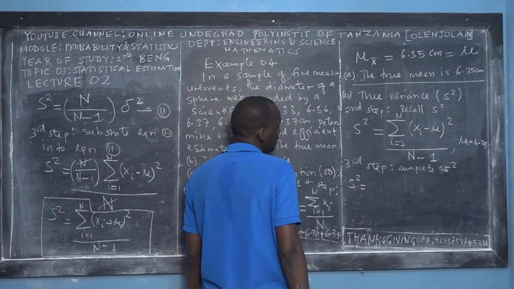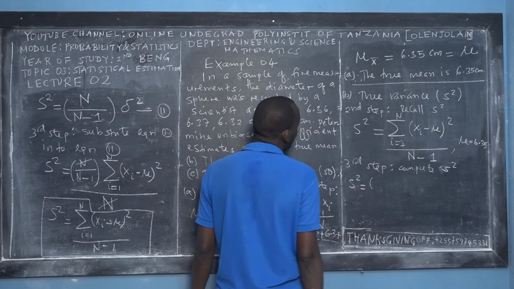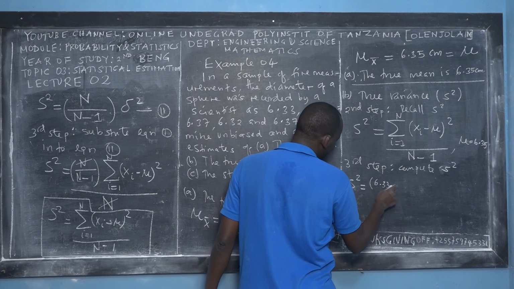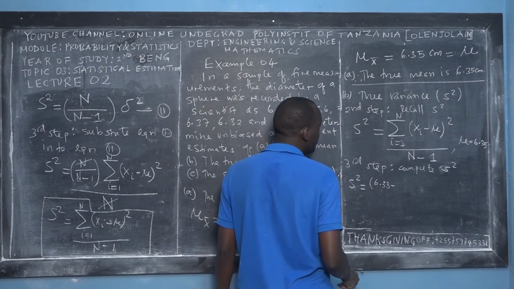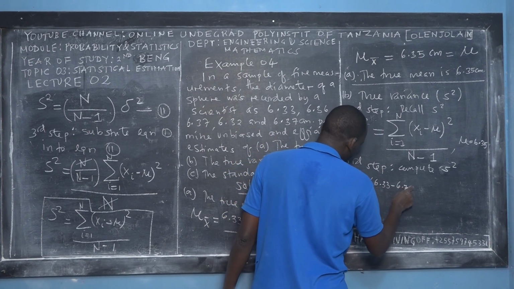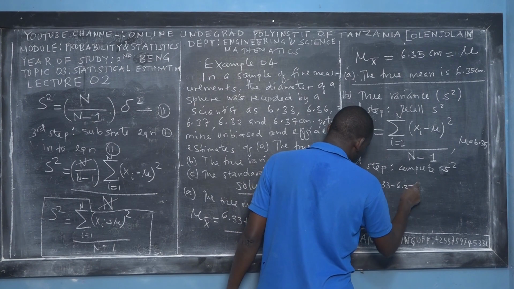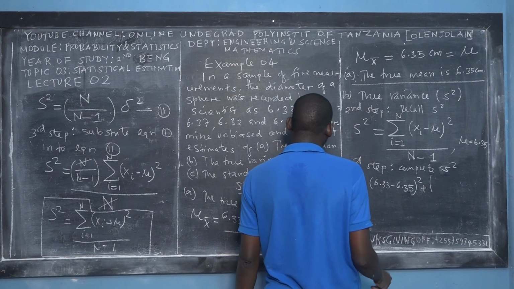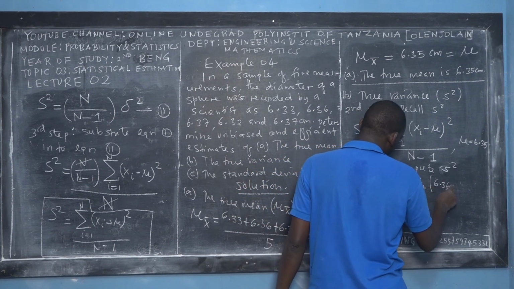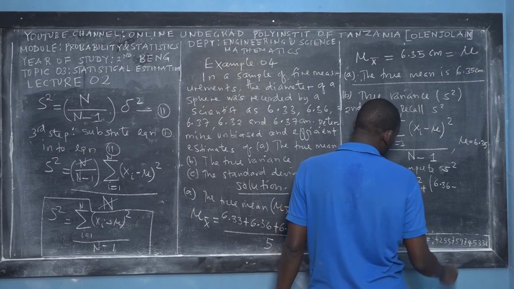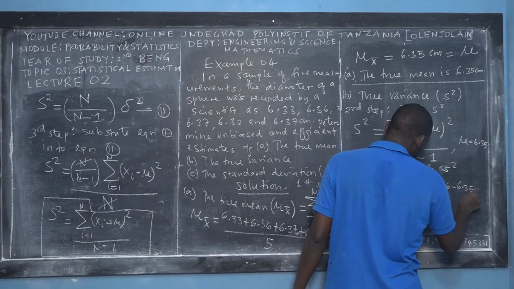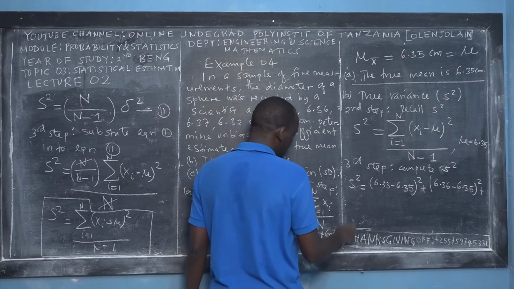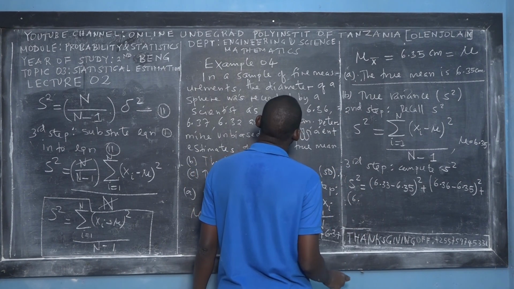The variance is equal to: we start with the first statistical data, 6.33, minus the mean of the population, 6.35, squared. Plus 6.36 minus 6.35 squared. Plus, again, we have 6.37.